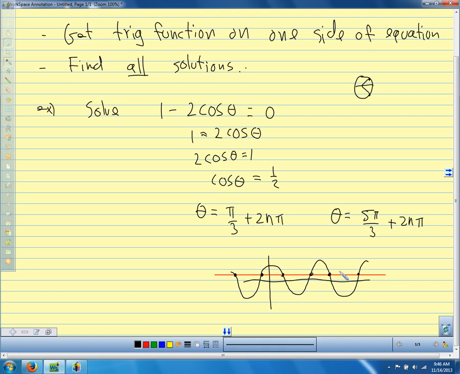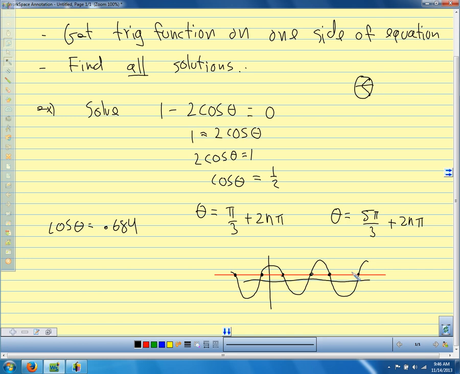So if we had a problem where we got some answer that wasn't a familiar unit circle angle, for example, say we got cosine θ equals, I don't know, 0.684. We could graph cosine θ, and we could graph the line y equals 0.684 on our calculator and find those intersections.